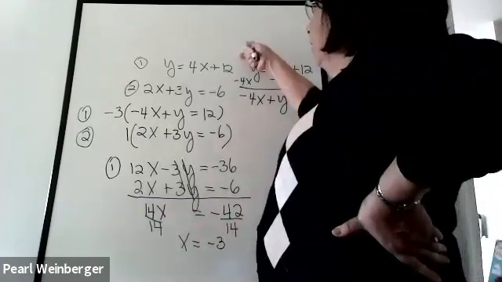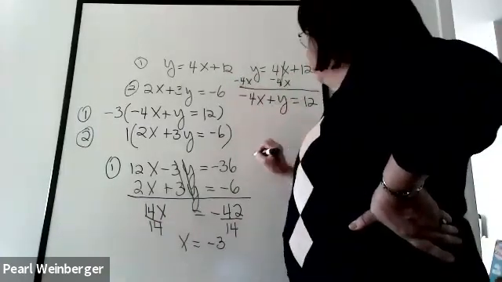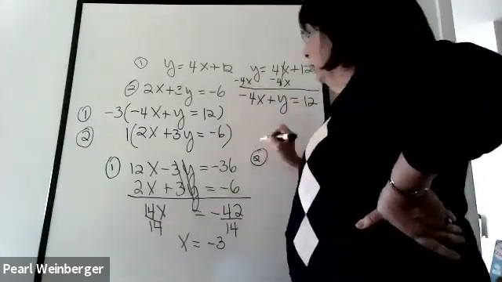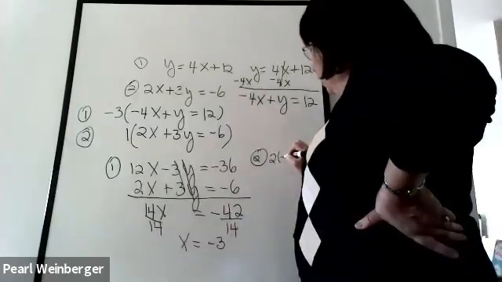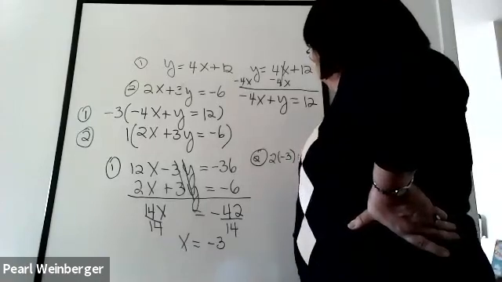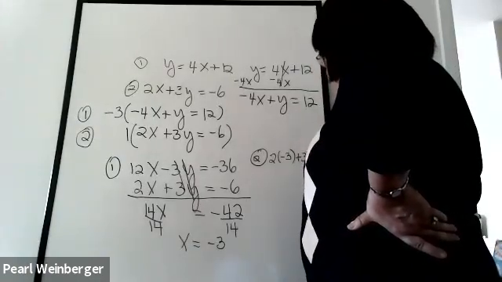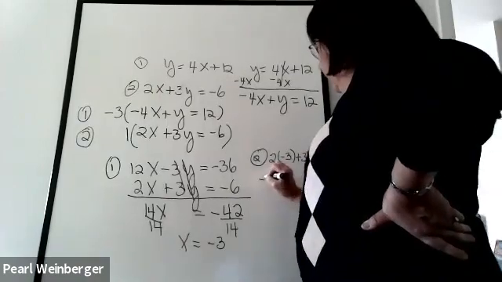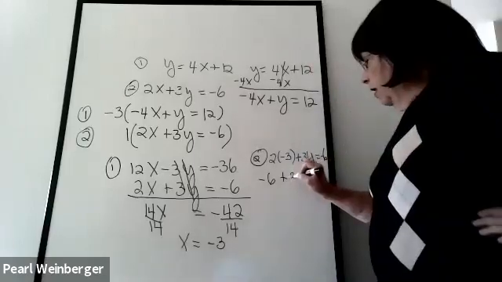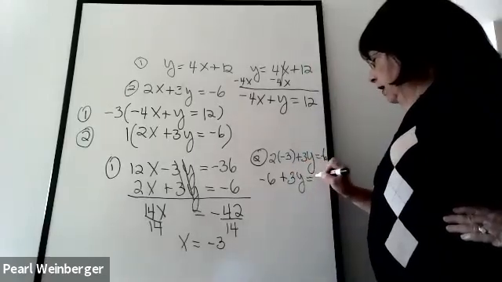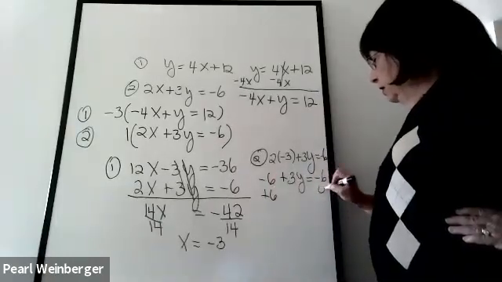And then I could go to either one of the original equations. Let's go to equation 2 just to show you it doesn't make a difference. I'll get 2 times -3 plus 3y equals -6. So I get -6 plus 3y equals -6. And I'll add 6 to both sides.